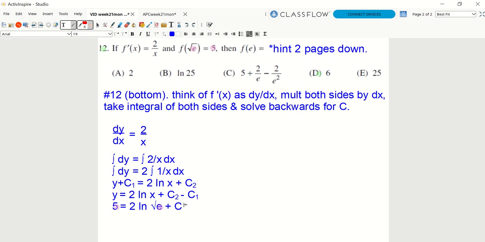When you solve for that, you should know this from IM3 Advanced or Honors Pre-Calc. ln can be rewritten as log base e. The square root of e is e to the power of 1/2.